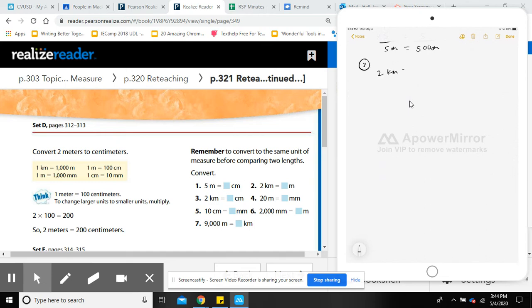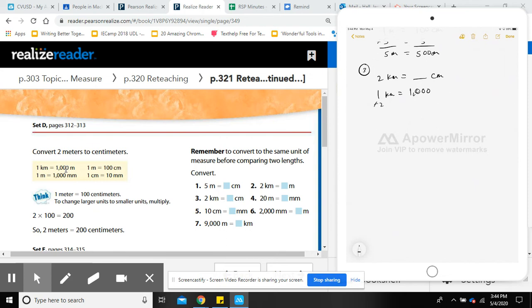Okay, let's look at number 3. 2 kilometers is equal to how many centimeters? Okay, so this one we're going to have to do a little bit of extra work for. So I know that 1 kilometer, looking at my chart, is equal to 1,000 meters.